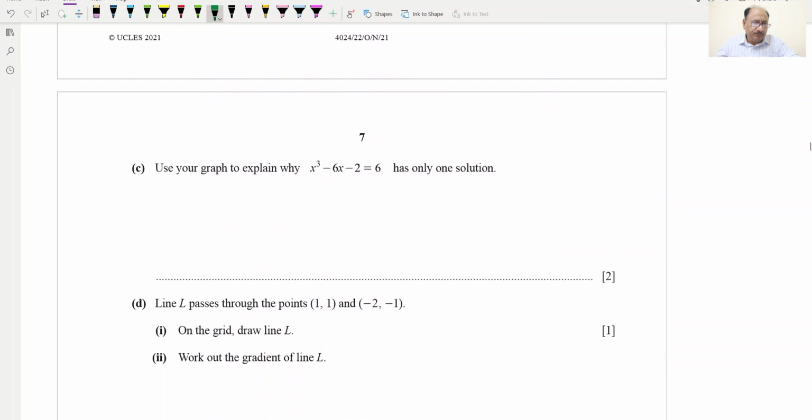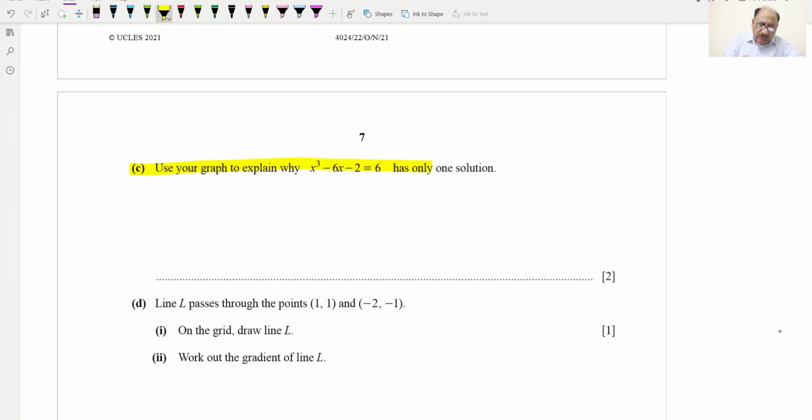Next is what? Part C. Part C says use your graph to explain why x cubed minus 6x minus 2 is equal to 6 has only one solution.